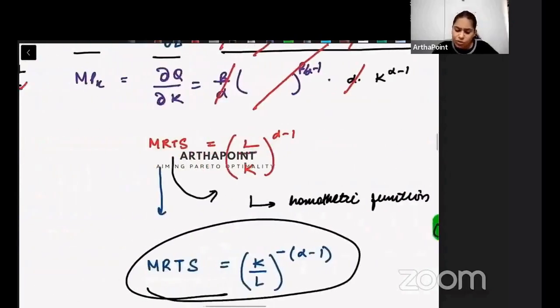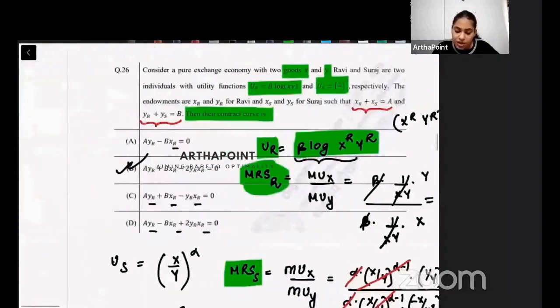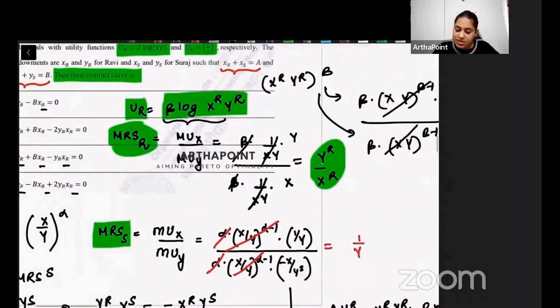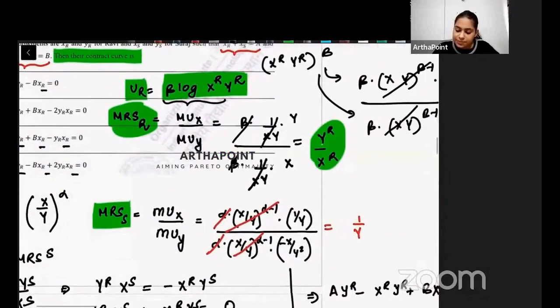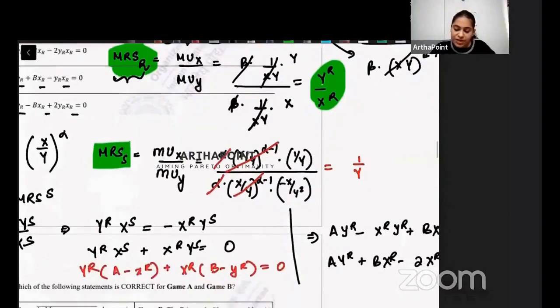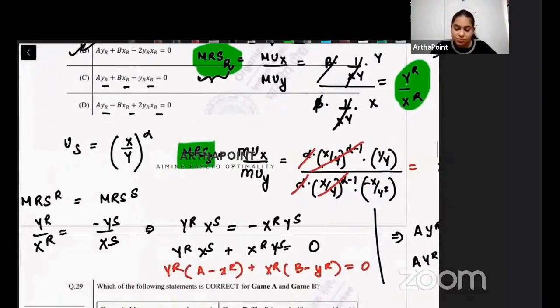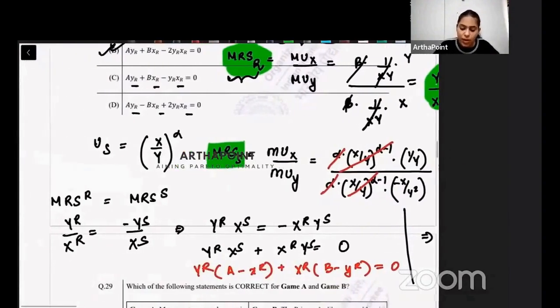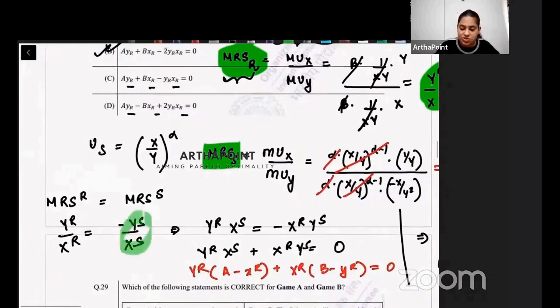If you quickly glance through it, you will see that MRS of individual R is a function of y by xR. And MRS of individual S is also y by xS only.